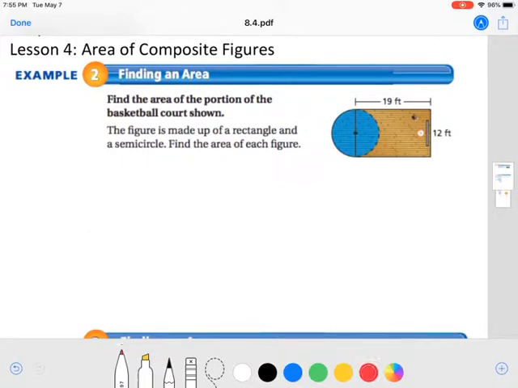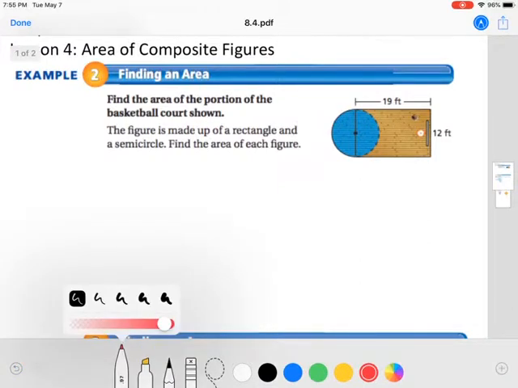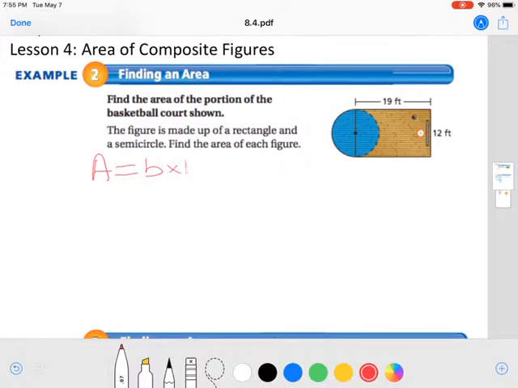So we have a rectangle. If we remember from last year, to find the area of a rectangle, we say base times height, or we can say length times width. Same thing. So our base, or our length, is this 19 right here.